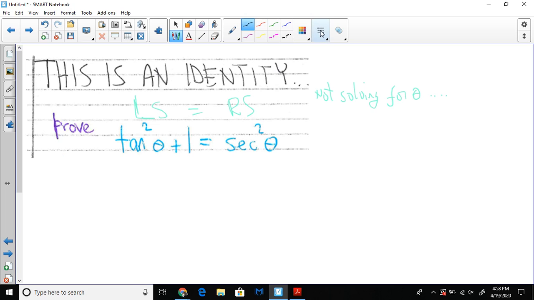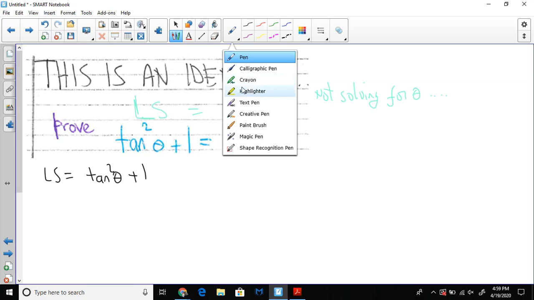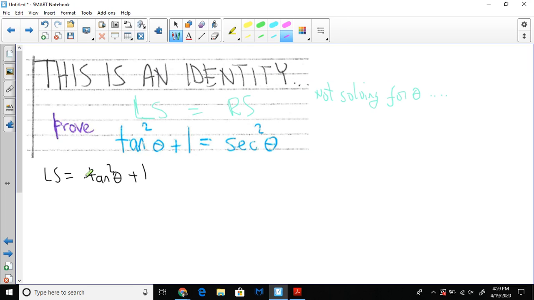So first rule here: the left side equals tan squared theta plus 1, okay? And I'm only going to use the left side. I'm not going to bring the secant squared theta across, and I'm not isolating it for anything. I have the left-hand side here, and I'm stuck with it. I need to change it. Now, what can I change? Well, tan is an identity.